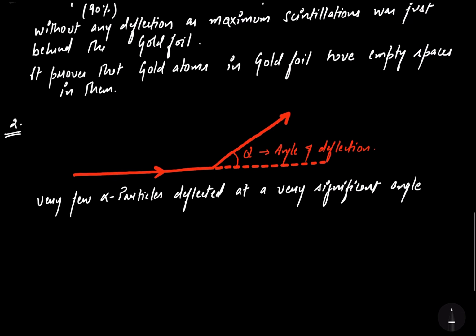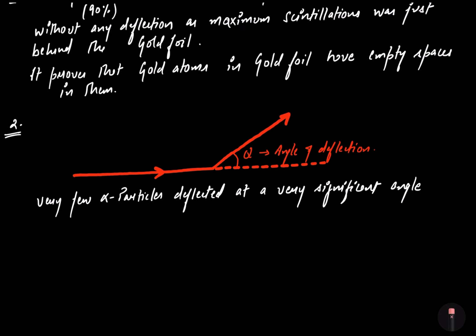So I'm writing over here, very few alpha particles deflected at a very significant angle when they strike the gold foil.